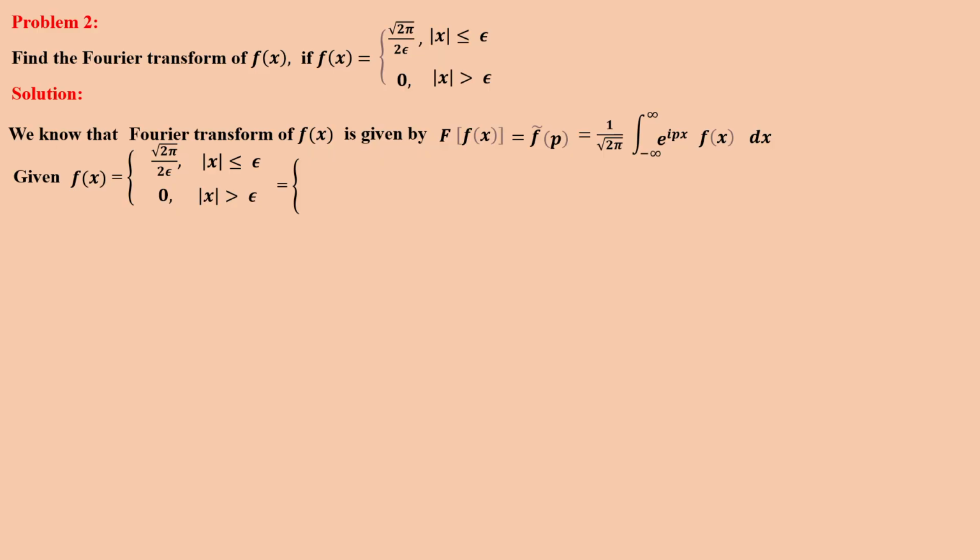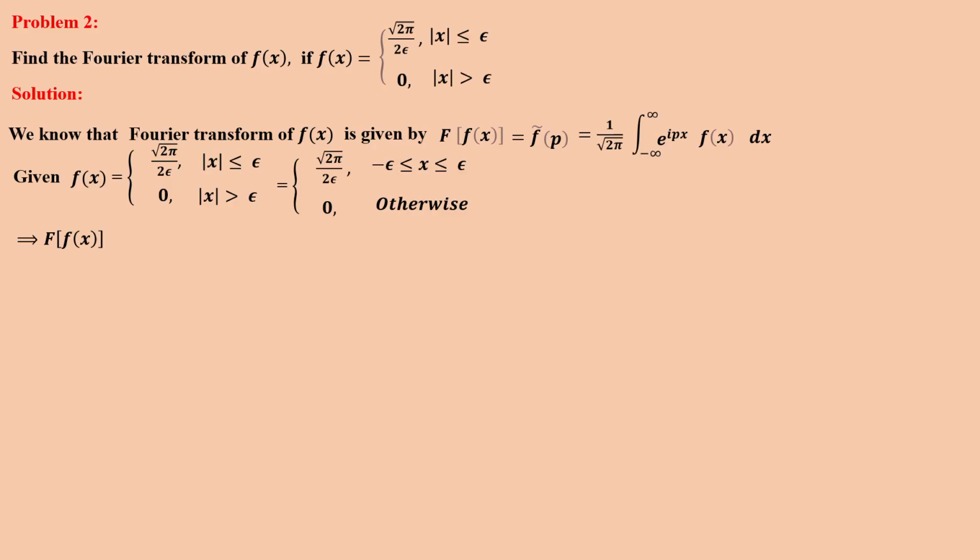So the other part of x lies between minus epsilon and plus epsilon, right? Which is equal to root 2 pi by 2 epsilon for minus epsilon less than or equal to x less than or equal to epsilon, and 0 otherwise, that is x less than minus epsilon or x greater than plus epsilon.